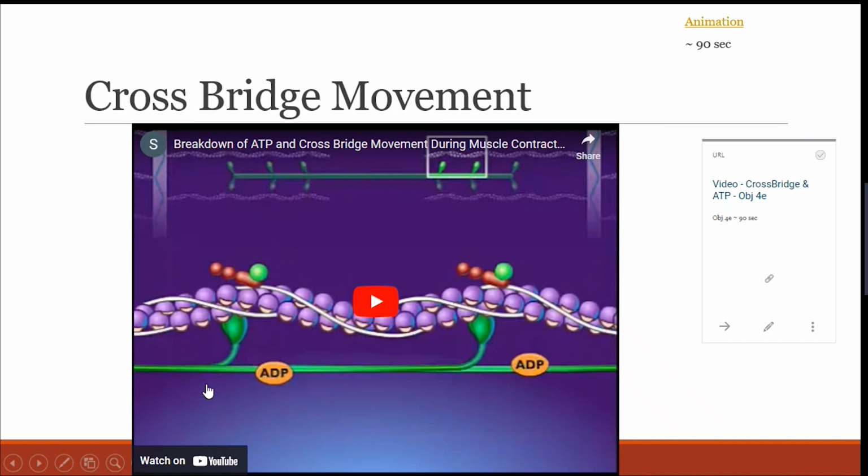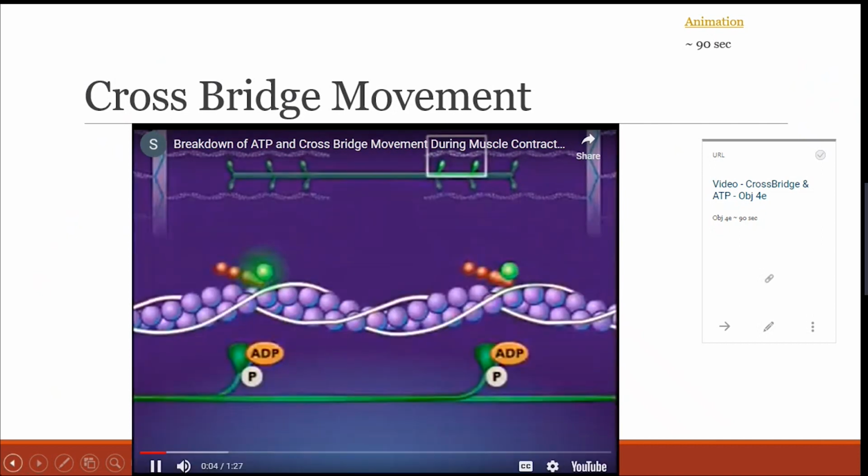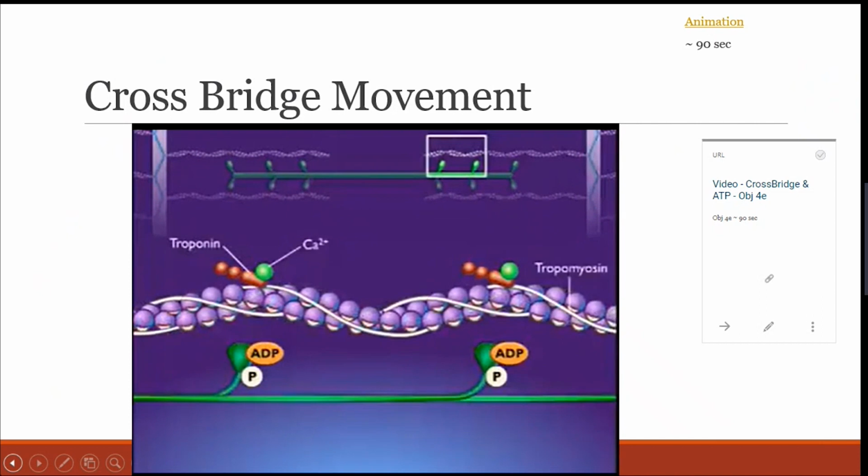I want to show you the next step, now that the myosin is attached to the actin. Calcium ions bind to troponin. This moves tropomyosin out of the way and uncovers binding sites to myosin on the actin myofilaments. ADP and phosphate are attached to the myosin head from the previous cycle of movement.